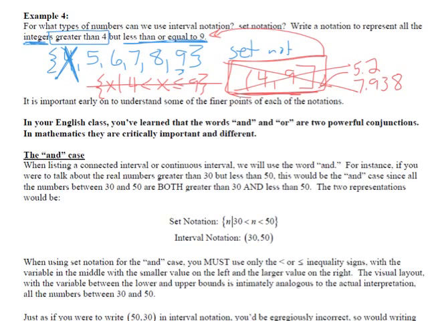If I wanted to get super tricky and use this aspect of the set notation, what I could do is say all x such that 4 is less than x is less than or equal to 9, and x is an element of the integer set.